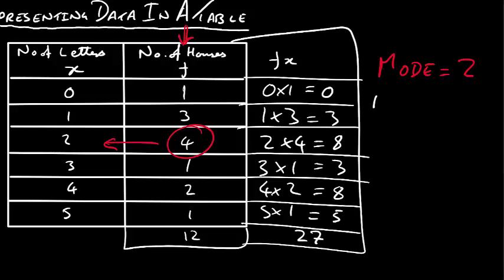Our mean isn't actually that bad to work out either, because we've got everything that we need. We've got this column here and we've got this column here. This column, the 27, refers to the total number of letters which we've got. And this column here refers to how many houses we're looking at, which in this case is 12.